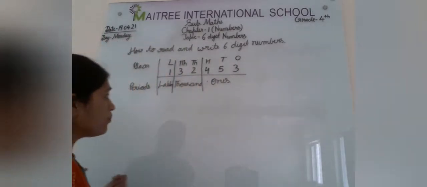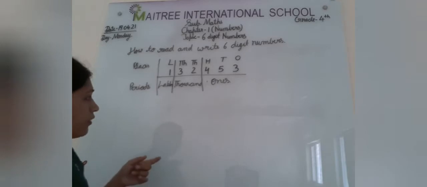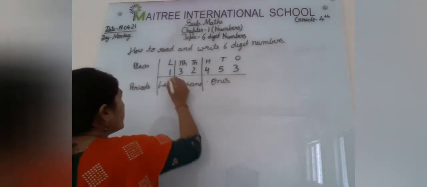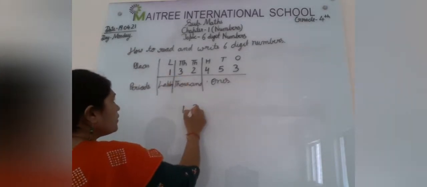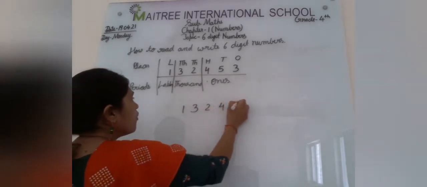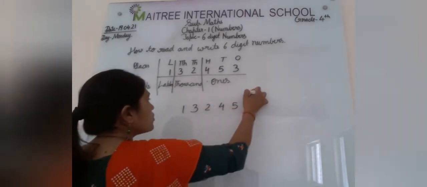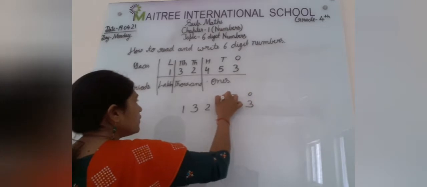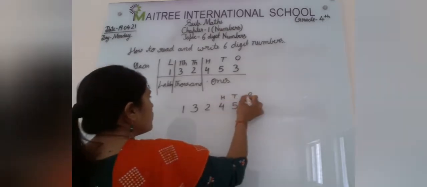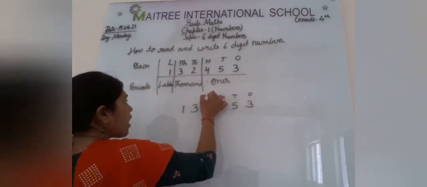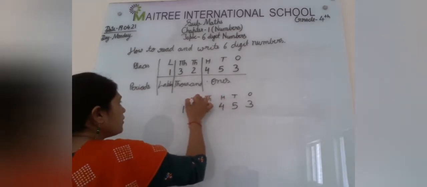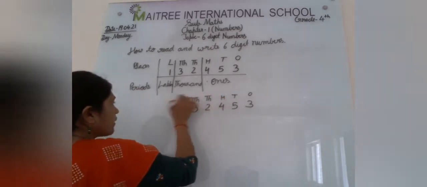So now look here, I am writing one number. Let's take this number only, 1 3 2 4 5 3. Again I am mentioning the places so it will be easy for you to read: ones, tens, hundreds, thousands, 10,000 and lakh.